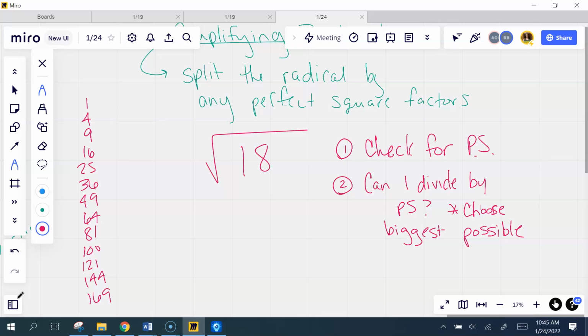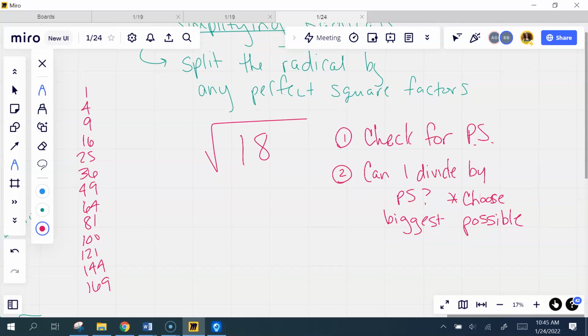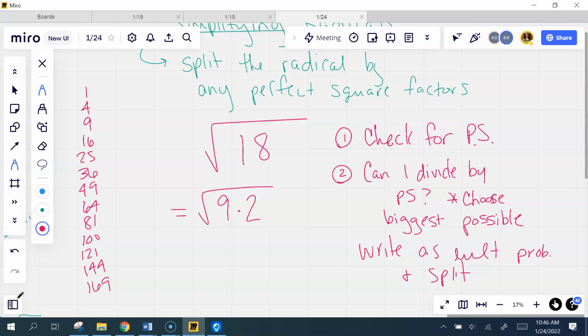Do we all agree? 9 times what? 2. When I find that number, I'm going to write it as a multiplication problem and split it up. So this becomes the square root of 9 times 2, because 9 is the biggest number on this list that'll go into 18.